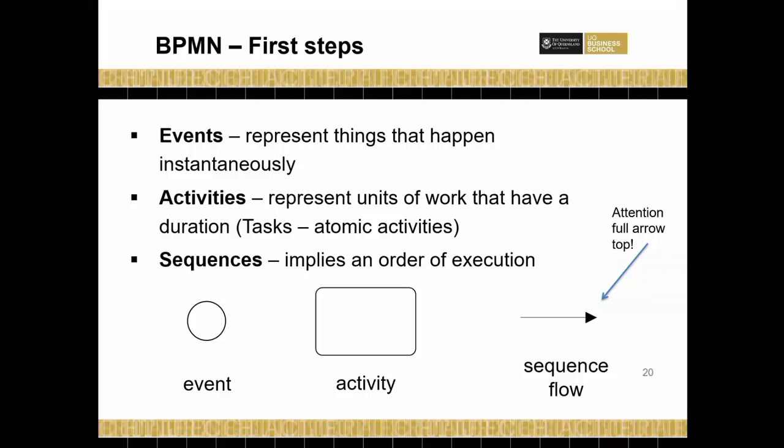Events represent things that happen instantaneously, so it is a trigger for a number of activities, and an activity is a unit of work. So an activity takes time, while an event is just something that happens in one moment. Events and activities, or activities and activities, are connected via a sequence flow to identify a direction and to give an order to the activities.